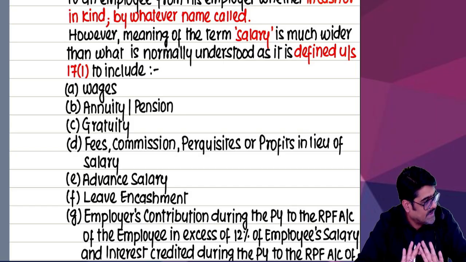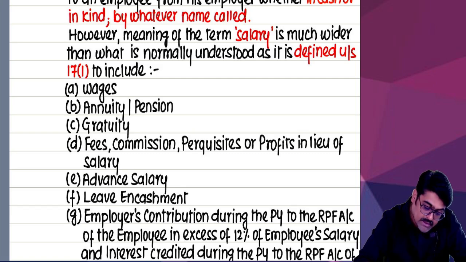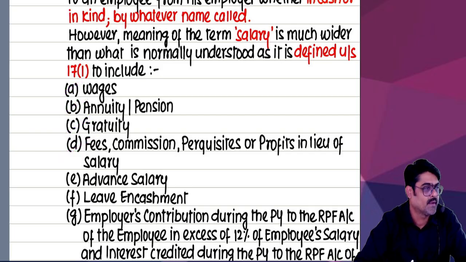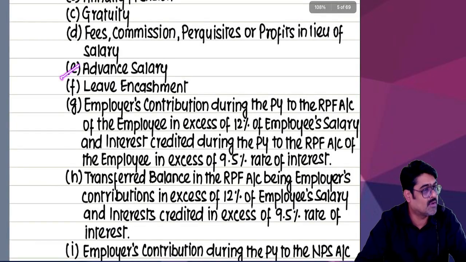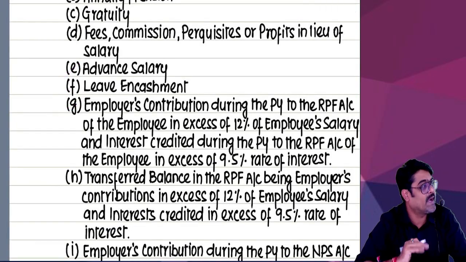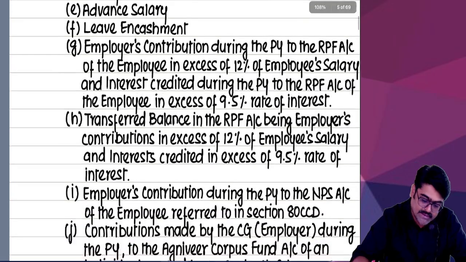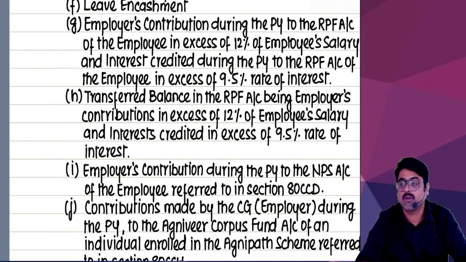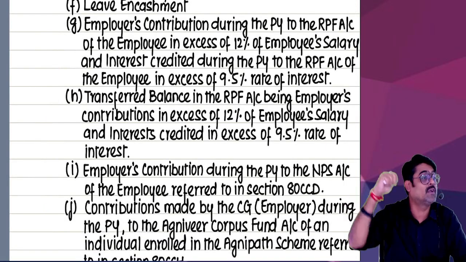All the theory will be done. But remember, this is salary, this is salary, so this is taxable under this head. Apart from that, advance salary is also taxable. Then leave encashment is also taxable. Today I told you one thing. These 4 points I did not discuss earlier. I told you that I will discuss them later on.